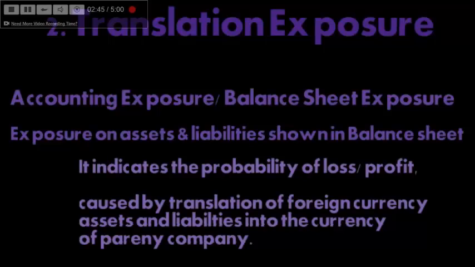For example, my company has three branches: one in the US, another in the UK, and one in China. When the assets and liabilities of those branches are converted into my country's currency, that is India's, there might be some gain or loss. There may be a fall or rise in the value of assets and liabilities just due to foreign exchange exposure.